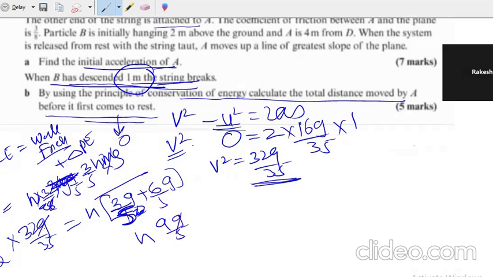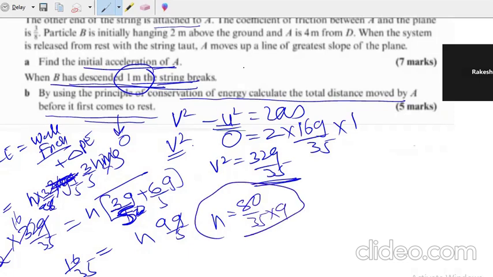Okay, so I get 16 by 35 is equal to h into 9, and h comes out to be about 80 by 35 divided by 9, something like this. Can you just check the answer?